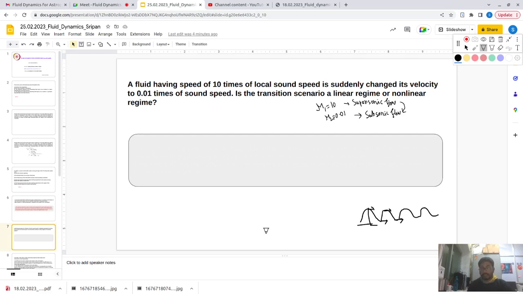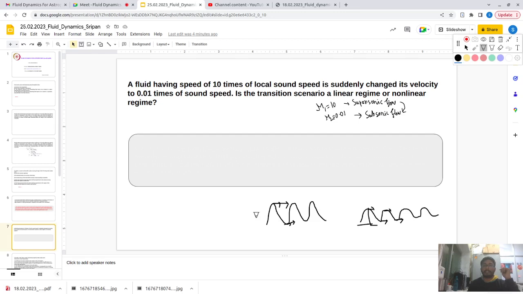Now in the case of shock, how is the shock formed? Basically, if you have quite a high amplitude, then at some points the velocity at this point and the velocity at that point are not the same. The velocity at this point will be much higher than at that point.